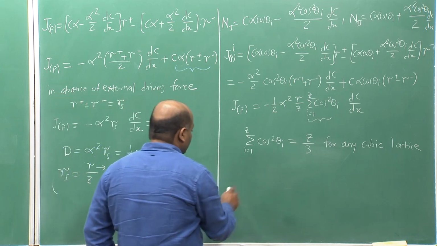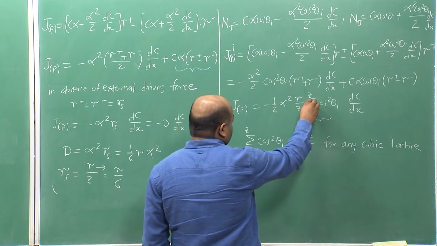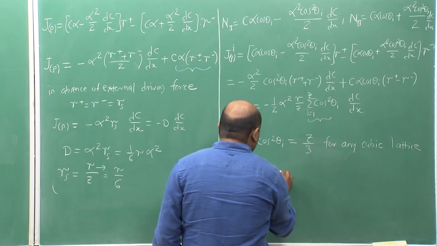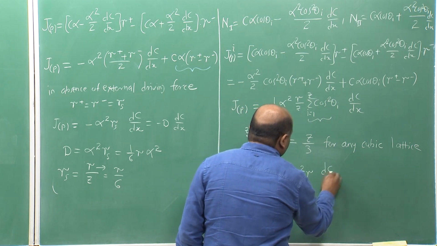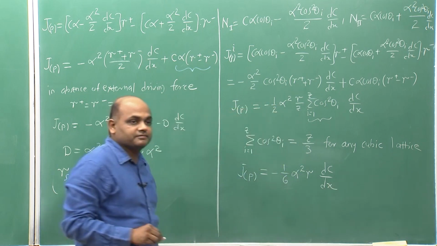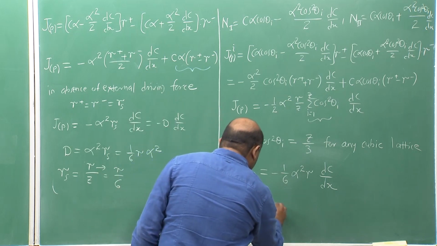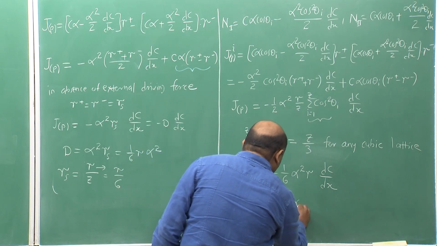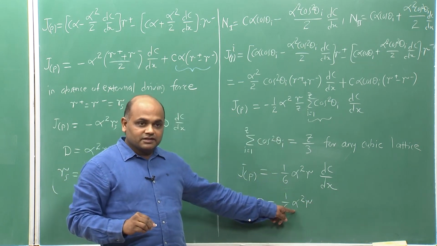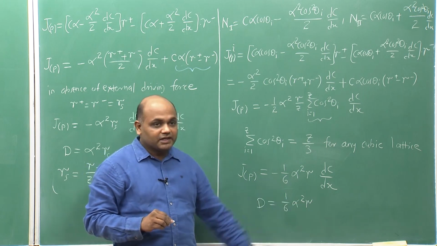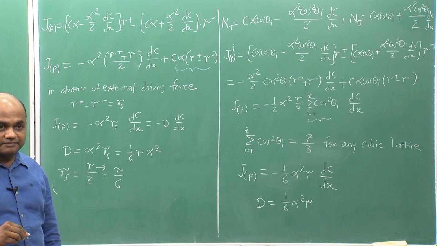So, if we substitute back there, gamma by z times z by 3, you get minus 1/6 alpha square gamma dc by dx. So, for any cubic lattice, we can express D as 1/6 alpha square gamma, where alpha is the jump length and gamma is the frequency of successful jumps of an atom in any direction.